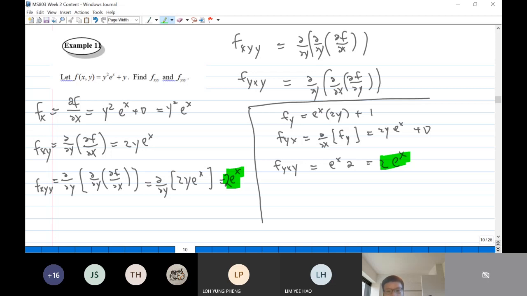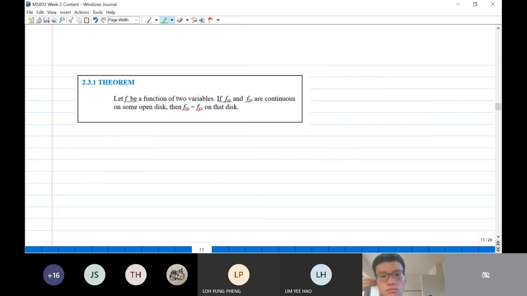Okay, so let me give you a summary first. If the function is continuous, most of the time you don't need to worry about this unless the function behaves very differently.